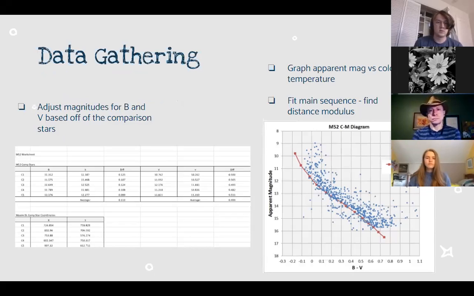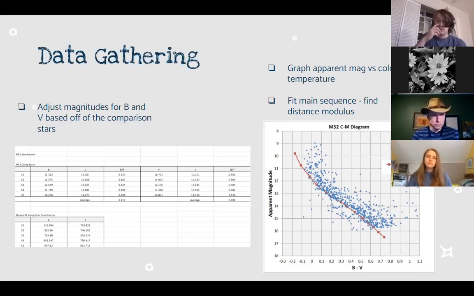All right, so once we got our magnitude data from AIP4WIN, we adjusted the B and V values to comparison stars. These comparison stars are stars that we already knew the magnitudes of. We adjusted for error with these, essentially, and then we got a little bit more of an accurate reading.